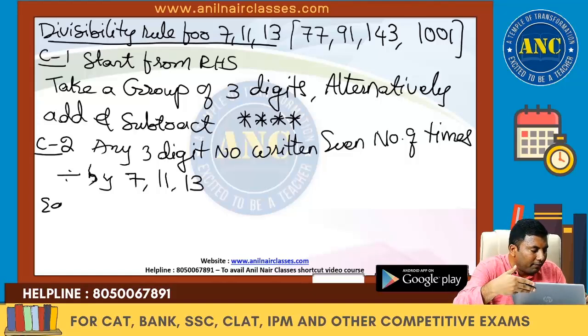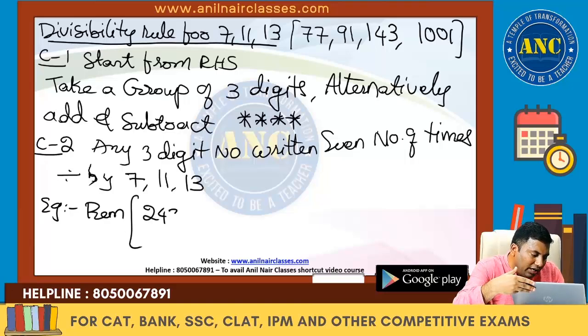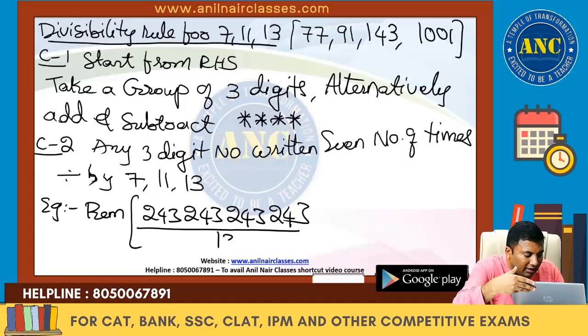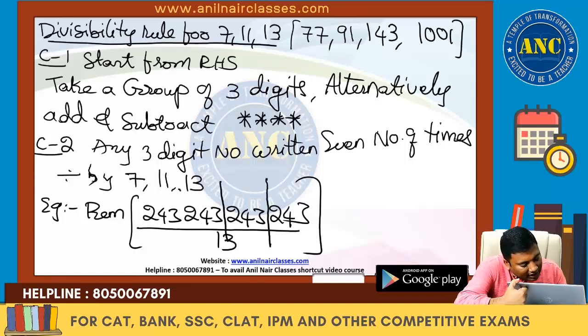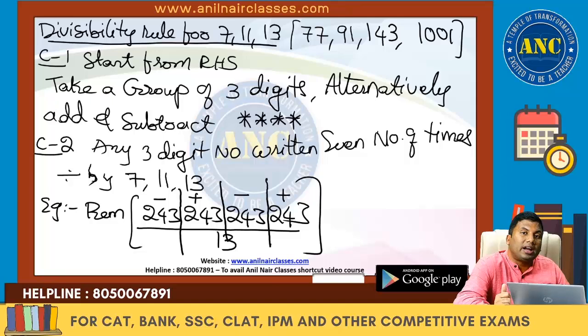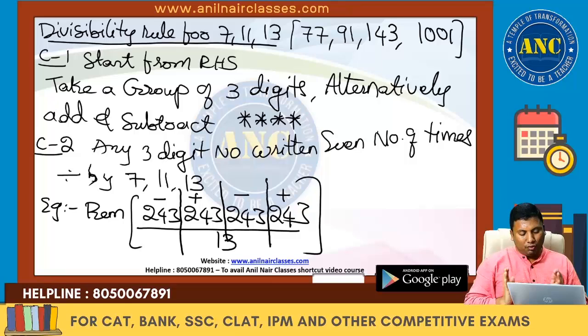With example, suppose I write 243, 243, 243, 243 divided by 13. What is the divisibility rule for 7, 11, 13? Start from right hand side. Take a group of three digits. Alternatively add and subtract. 243 minus 243 is 0. Again, 243 minus 243 is 0.